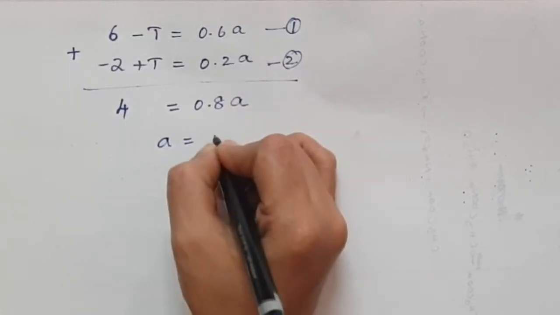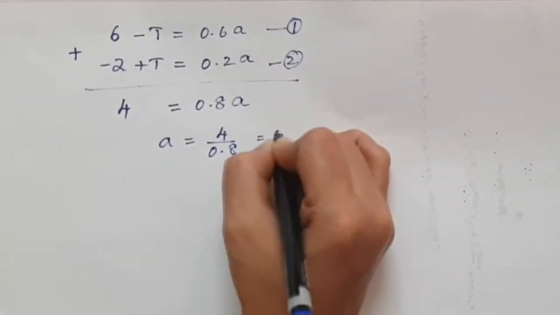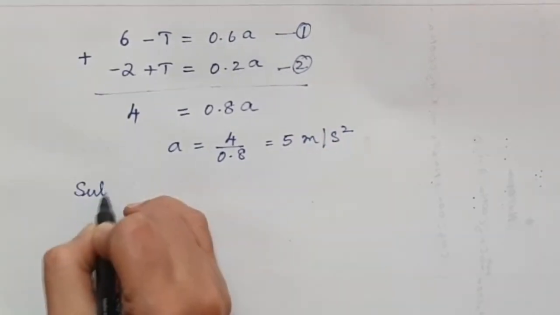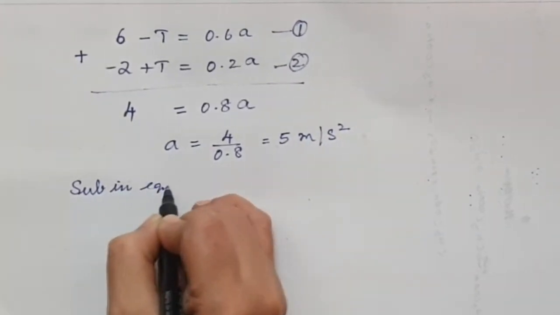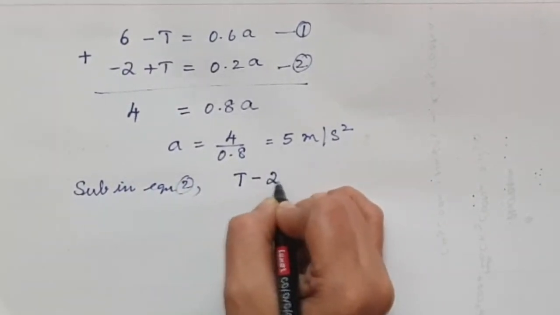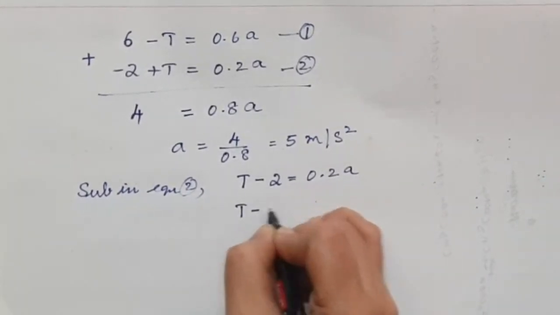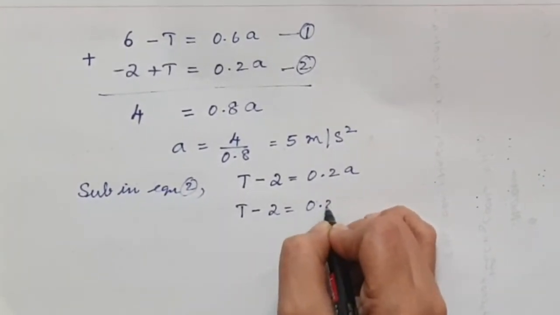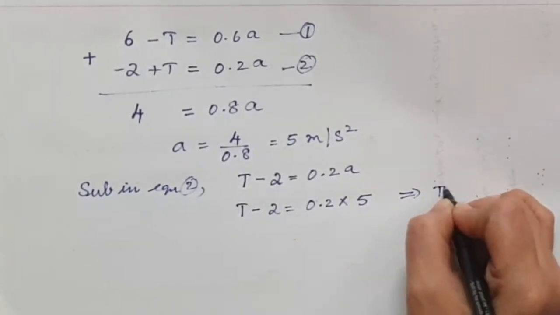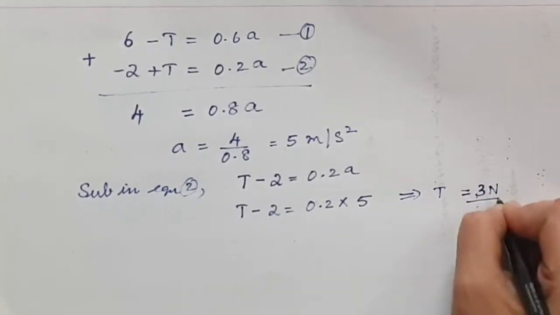So a will be equal to 4 over 0.8, that is 5 meters per second squared. Now substituting in equation 2, that is T minus 2 equal to 0.2a, that is T minus 2 equal to 0.2 into 5. So when we simplify it, we get the value of T as 3 Newton.